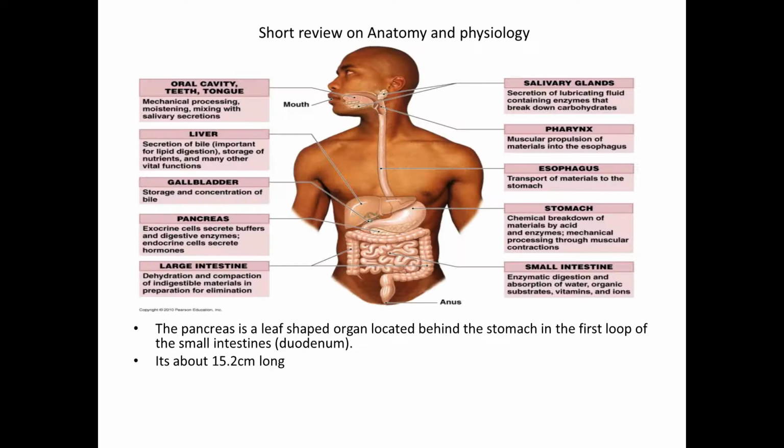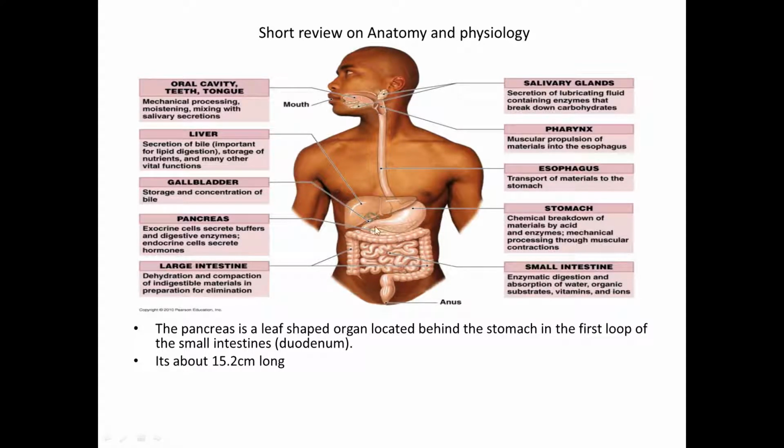So let's begin with a short review on the anatomy and physiology of the pancreas. The pancreas is a part of the digestive system. In this figure, you can see the different parts that are involved in digestion.